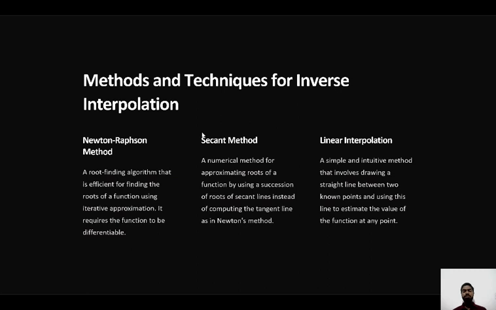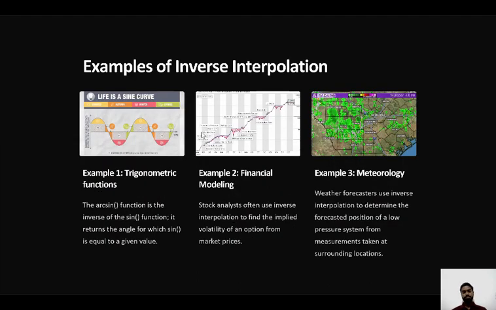Here, we draw the straight line between the two points to estimate the value of the function at any point which lies in between, where we can know the unknown value by knowing the two known values on the straight line.